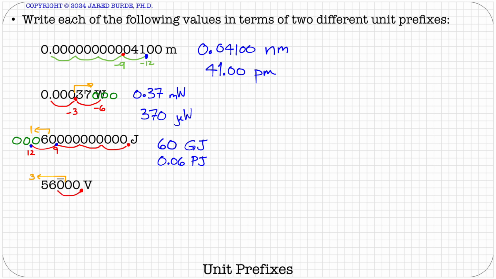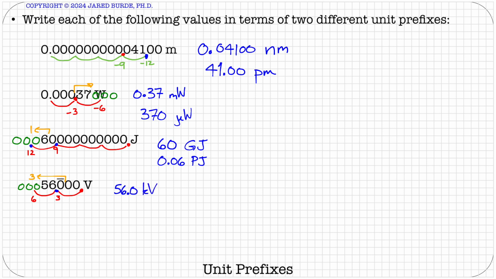I could move 3 places. I don't have enough decimal points here to move another 3, but there are implicit zeros, and so I can move over here to 6 places. So if my decimal point is here, that would give me 56.0, and 10 to the 3 is kilovolts.